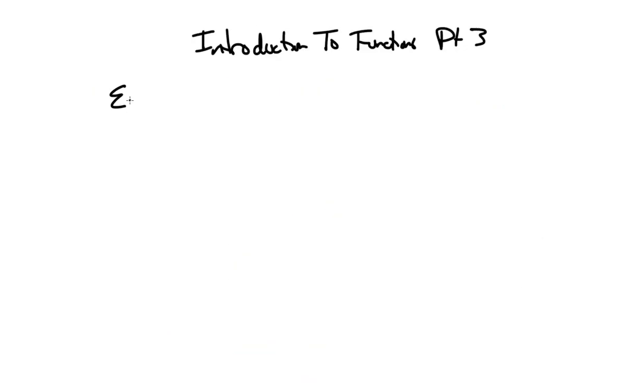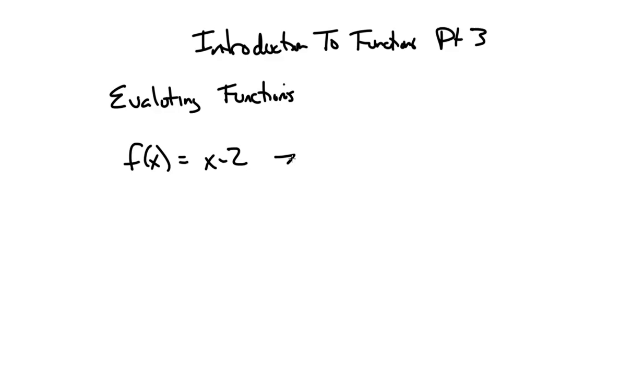Functions is how to evaluate functions. And so, in evaluating functions, if I go back to that function I had before, f of x equals x minus 2, you guys know how to do this. This is the equivalent of just y equals x minus 2.